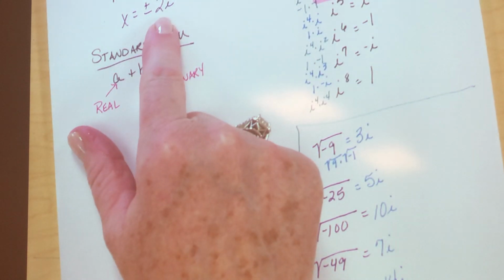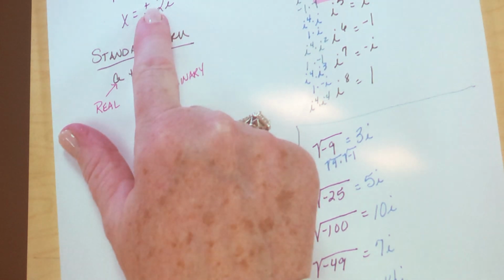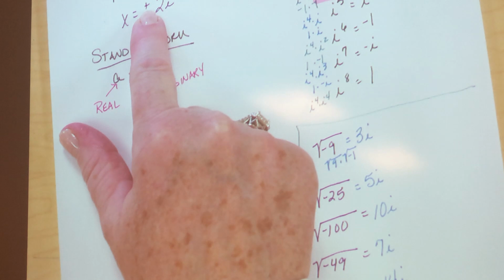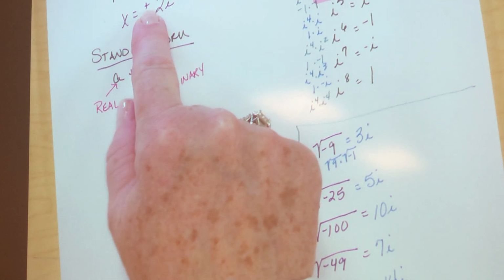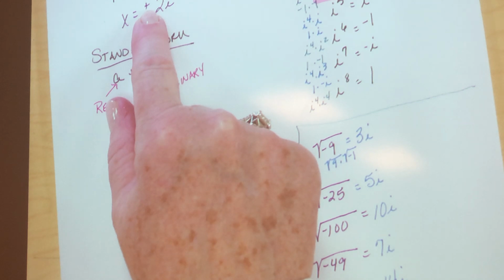If this were my answer and they said write your answer in standard form, let's just pretend we had just 2i. What would I write it as? A plus bi. What's the real part? Does it have a real part? No. So what is it?